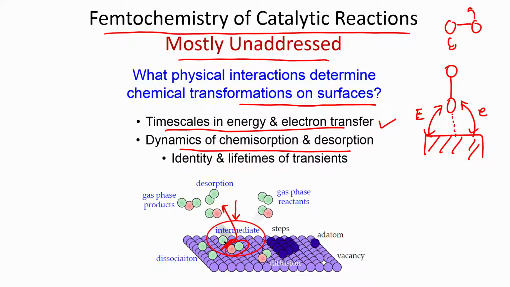These are the dynamical information one should gather, and then identify the lifetimes of the transients, the intermediates which will not live for a long time, which will transiently appear on the surface. Can we capture those structures to identify the transients? These are the important questions.